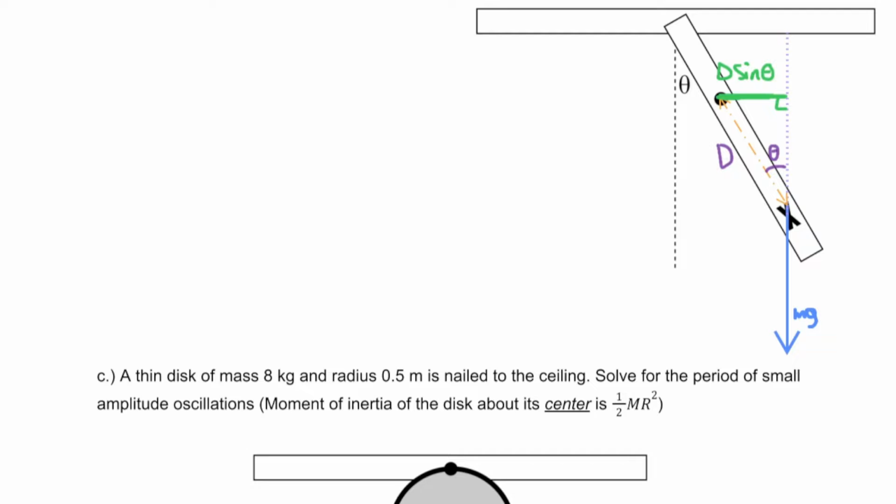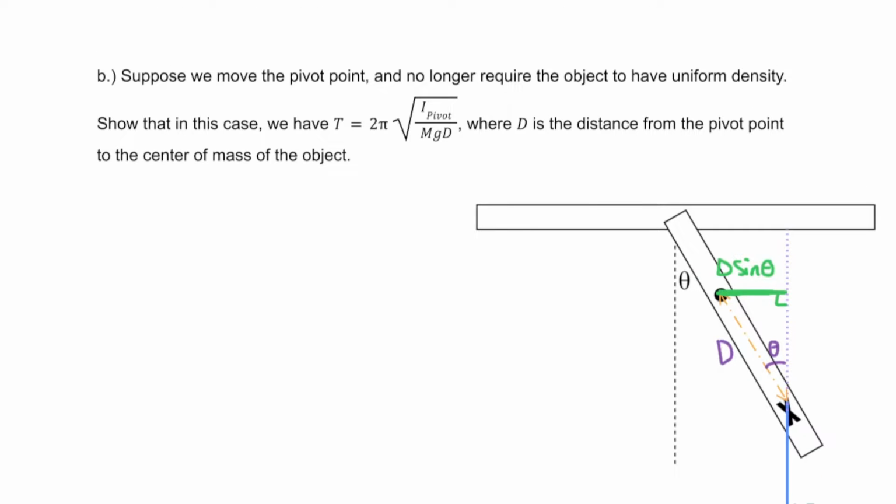So we're just going to skip some steps and go through the net torque equation pretty quickly this time, because this is like the third derivation. But the net torque is just going to be equal to negative d sine theta times mg, because this is our lever arm, d sine theta.